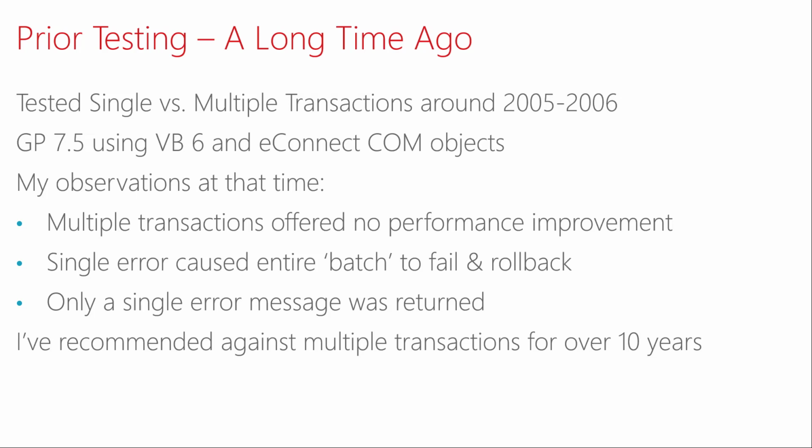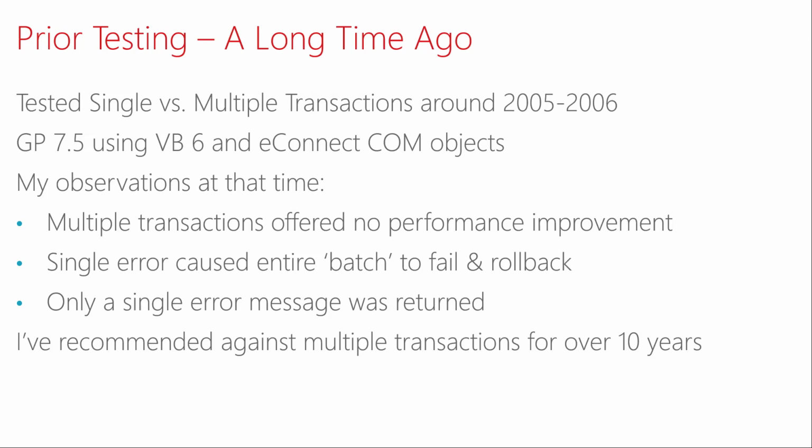My observations then were that multiple transactions offered no performance improvement. I'm pretty sure I didn't see any noticeable difference between single versus multiple transaction submissions, and I decided that there was no benefit to submitting multiple transactions.